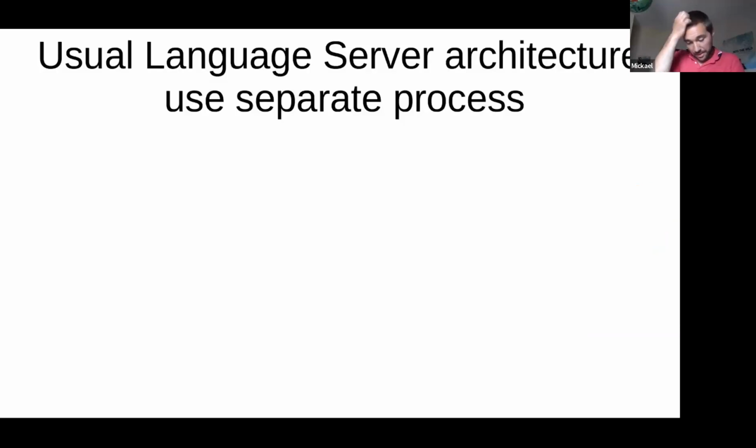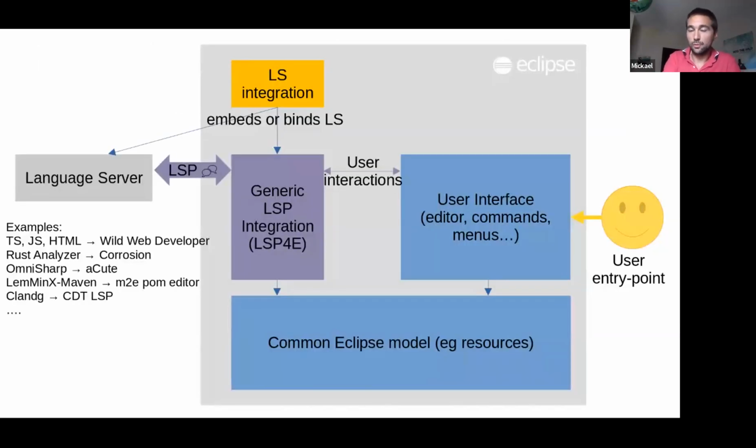And I will show how so far we've integrated language servers in Eclipse IDE. When I say language servers, we have many examples of such in the Eclipse ecosystem nowadays. There is the TypeScript, JavaScript, HTML, CSS one with Wild Web Developer, and the XML one with Wild Web Developer using the Lemminx language server.